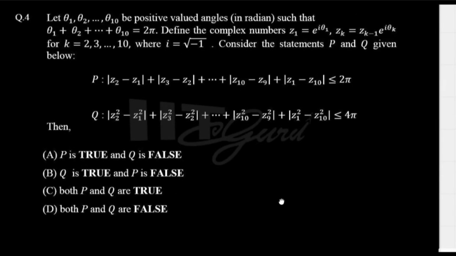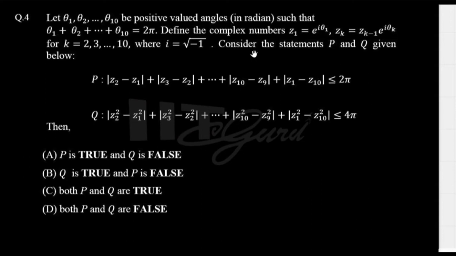Zk is equal to the given theta 1 plus theta 2, 2 pi. So Z1, Z2, Z3 up to Z10 are 10 complex numbers. All lie on the circle of radius 1.